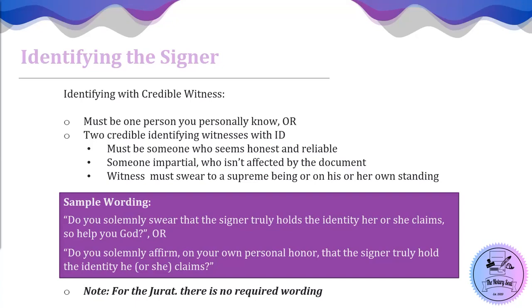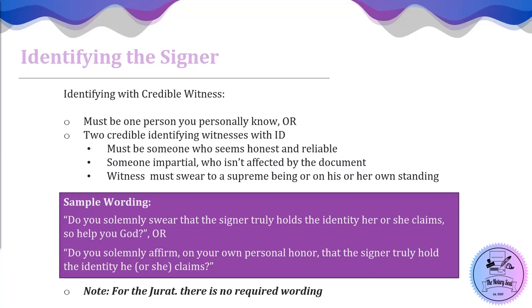However, the other option, if you don't know anyone, and say, for example, the signer doesn't have their ID, would be to have two credible witnesses with ID. Now, the word credible is really subjective. So it's really up to you if you determine that those individuals appear to be credible.